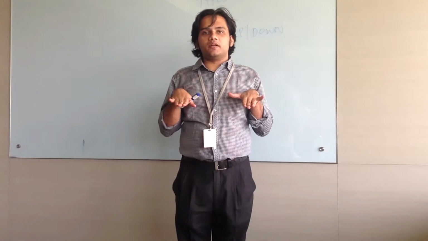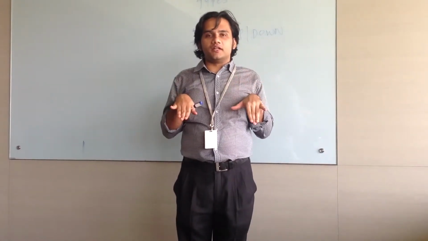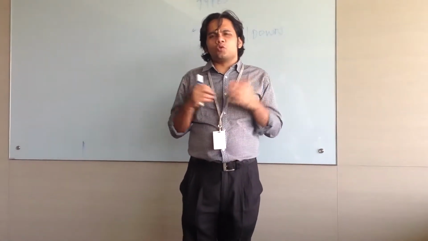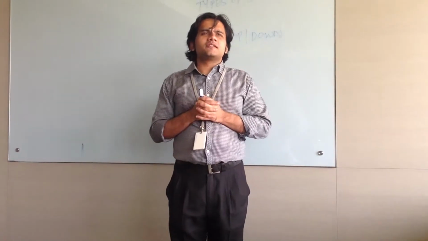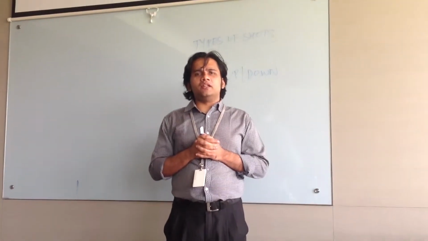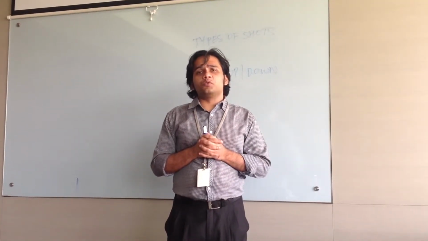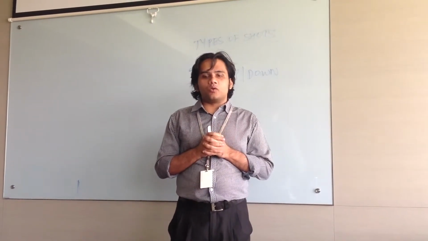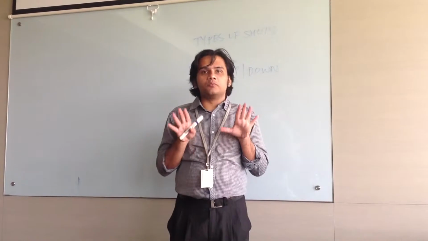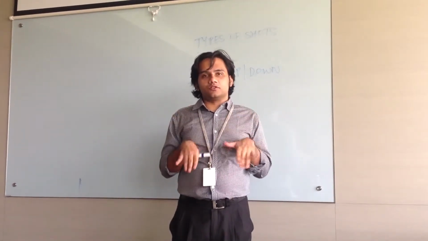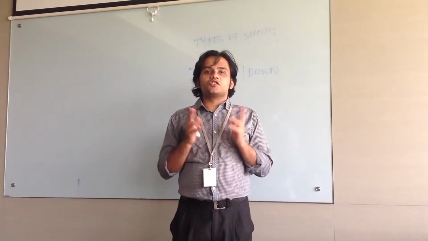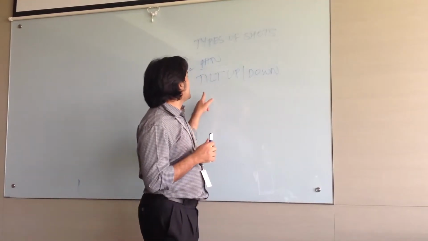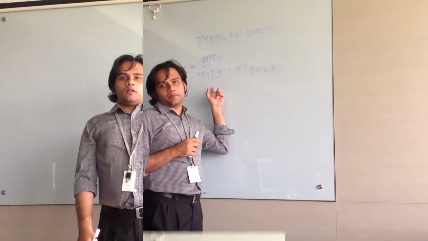In a tilt up, tilt down shot, it moves vertically. It's used, for example, when somebody new has come to visit somebody, and that person is checking him out. So he actually looks at him from top to bottom, and vice versa. That kind of shot is called a tilt up, tilt down.